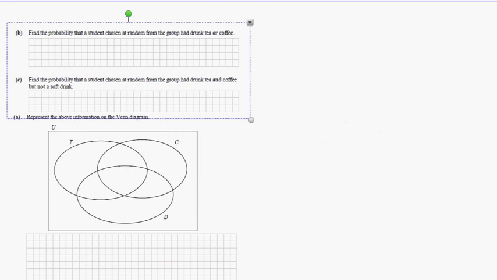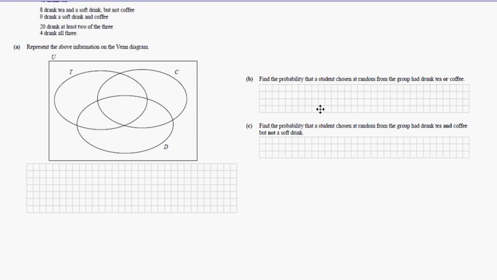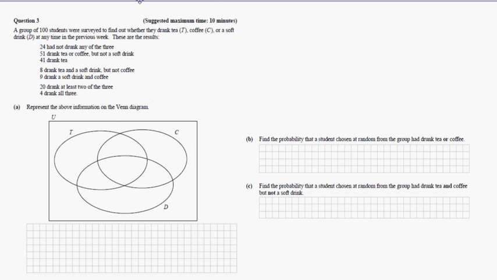Okay, so the next question is question 3, and there's B and C to this question as well. A group of 100 students are surveyed to find out whether they drank tea, coffee or soft drinks at any time in the previous week.